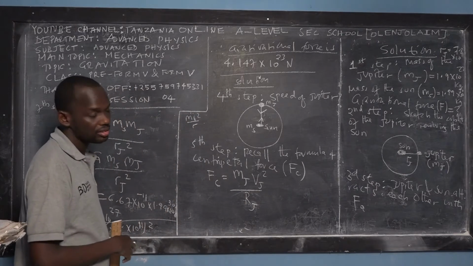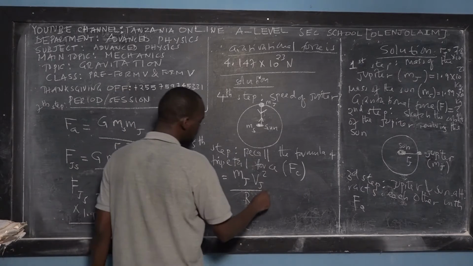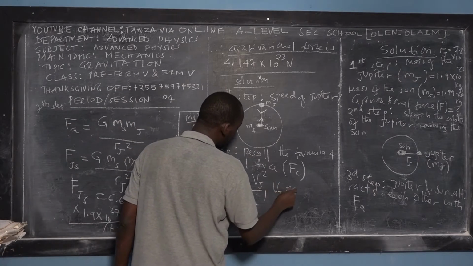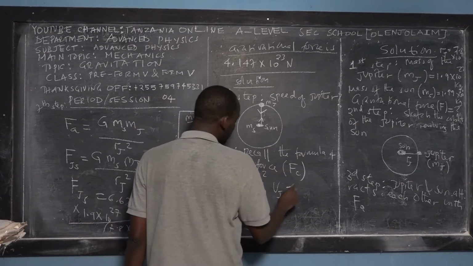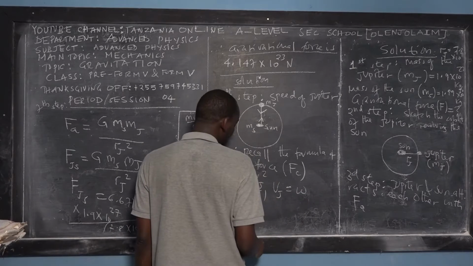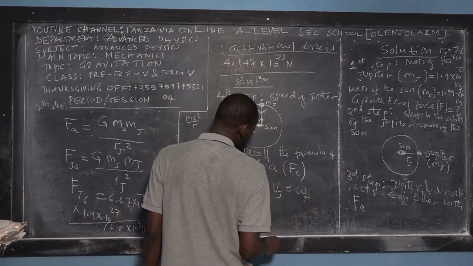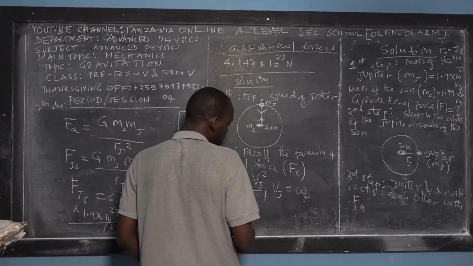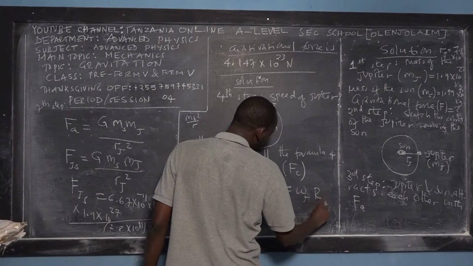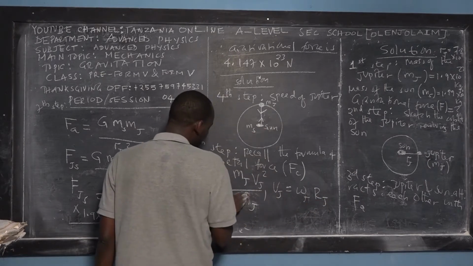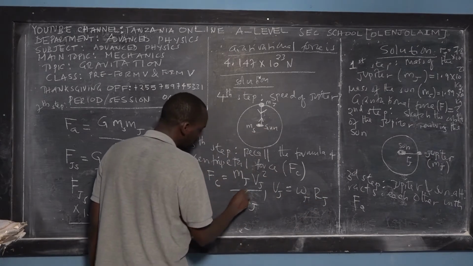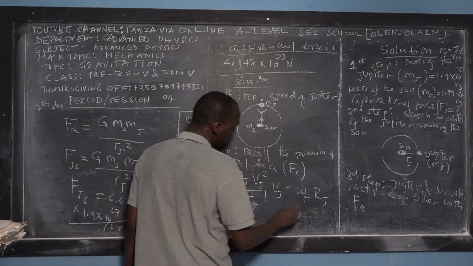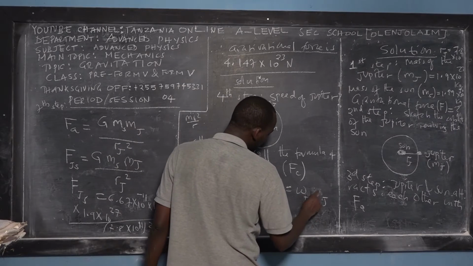Right? So from circular motion, the linear velocity is equal to the angular velocity times the radius of Jupiter. For this radius of Jupiter, we use lowercase, so we should keep on using lowercase.